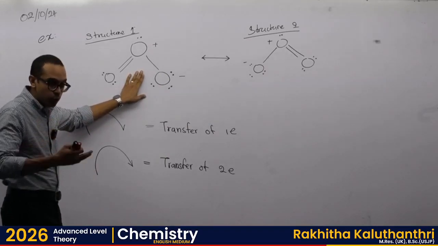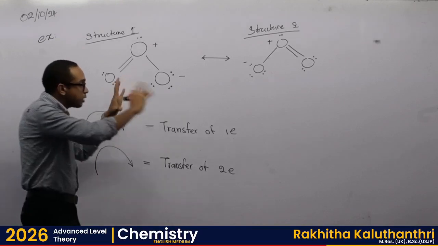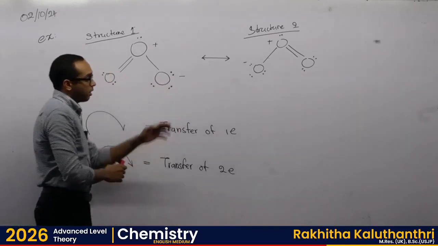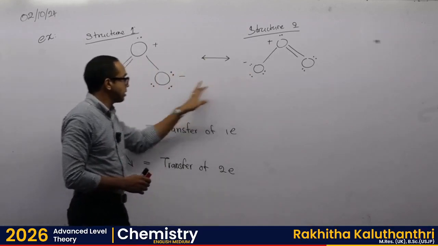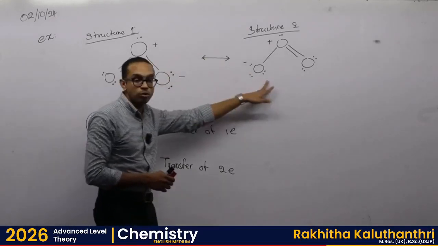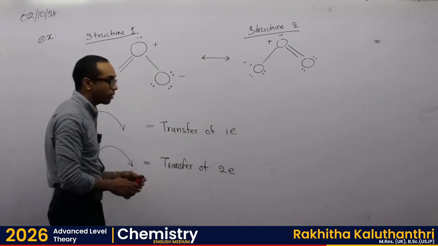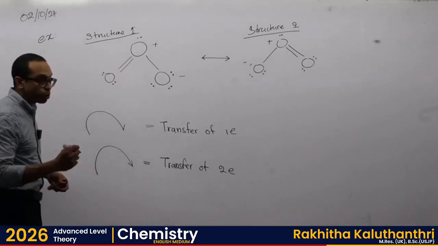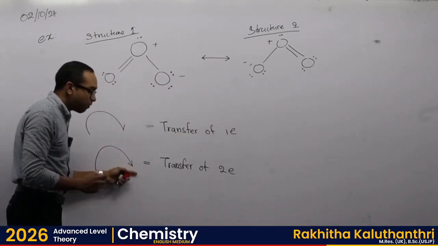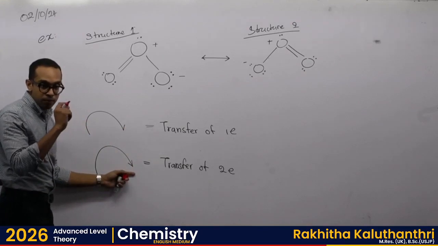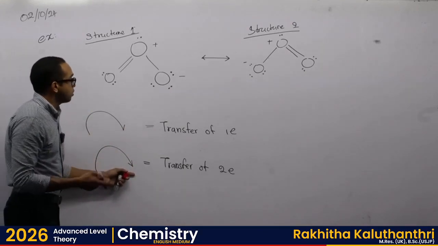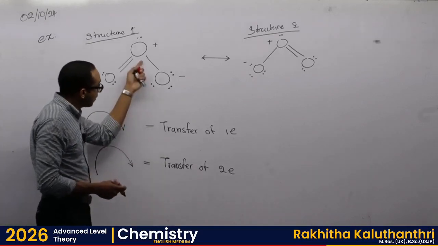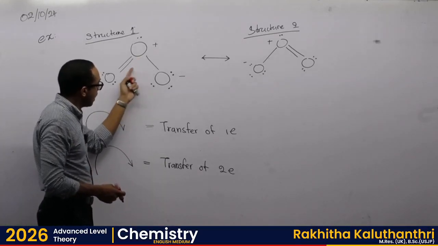So we have to show how the electrons are shifting to get to the other structures. Starting from this structure, we can get to this structure, and that is usually shown with electron transfer curvy arrows.